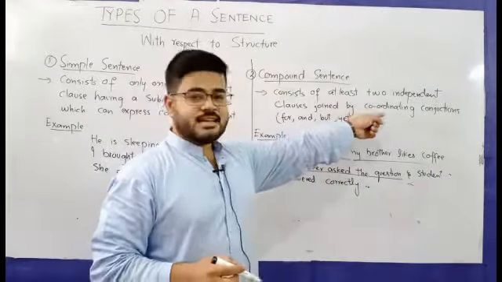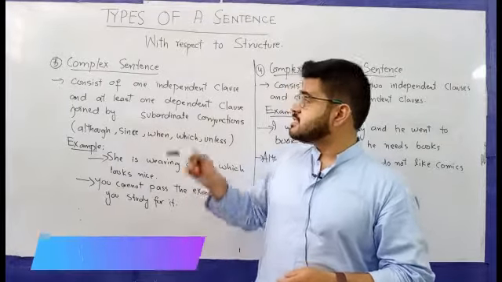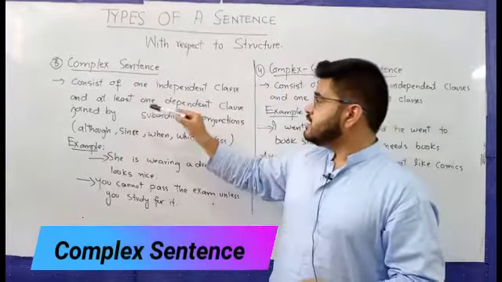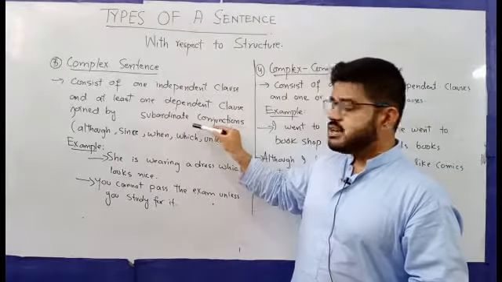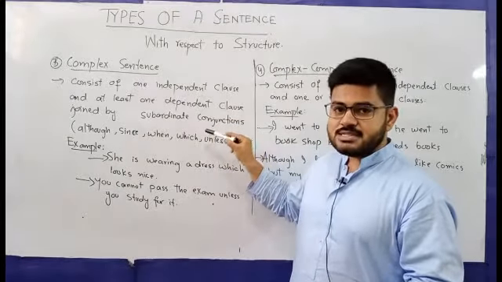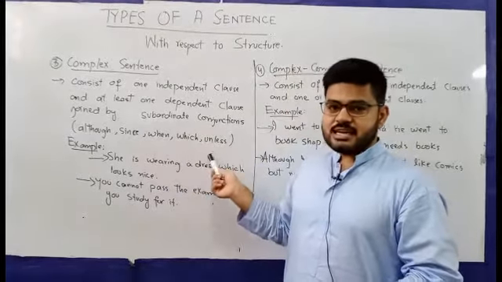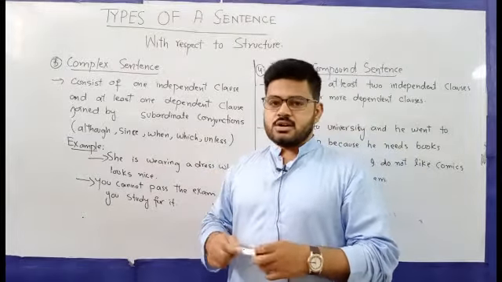Now we will start the third type of a sentence, which is the complex sentence. What is a complex sentence? It consists of one independent clause and at least one dependent clause, and they are joined by subordinate conjunctions. What are subordinate conjunctions? These words: although, since, when, which, unless. These words are called subordinate conjunctions.